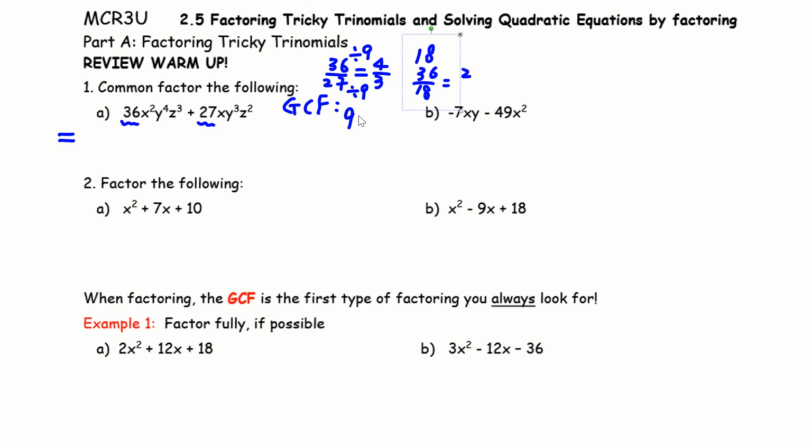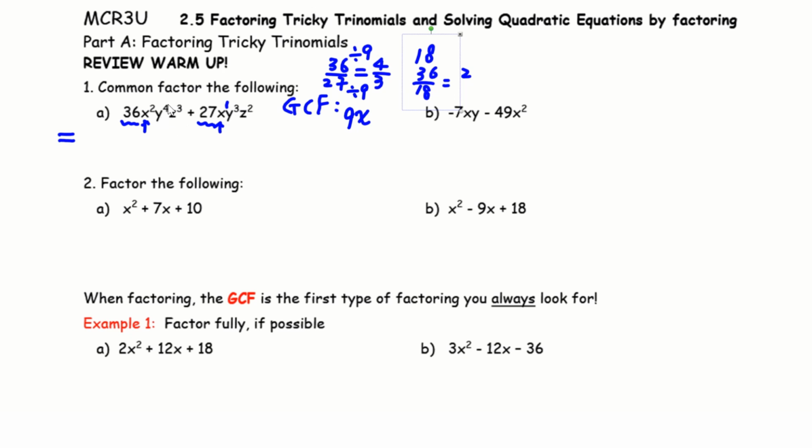So that is 9. And for the variables, we are going to pick the lowest degree for those letters. For x squared and x, the lowest degree, by default no degree is 1, so the lowest one is 1. So you will have x to the exponent 1 as a common factor for x. So x could go into x squared, x could go into x to the exponent 1.